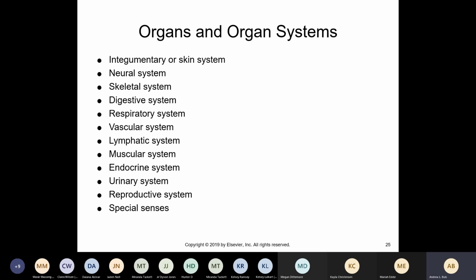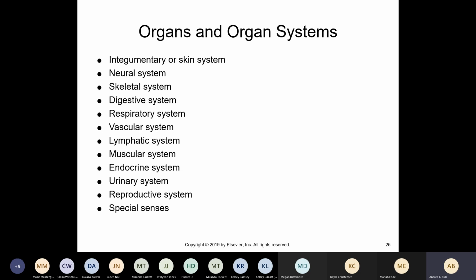All of the organ systems: the integumentary or skin, that's the largest system. Obviously, if you think about our skin, it covers our entire body, so that is the largest organ system we have. Neural is our nervous system. Skeletal system is our bones. Digestive is all of our GI inner workings. Respiratory is the lung system.